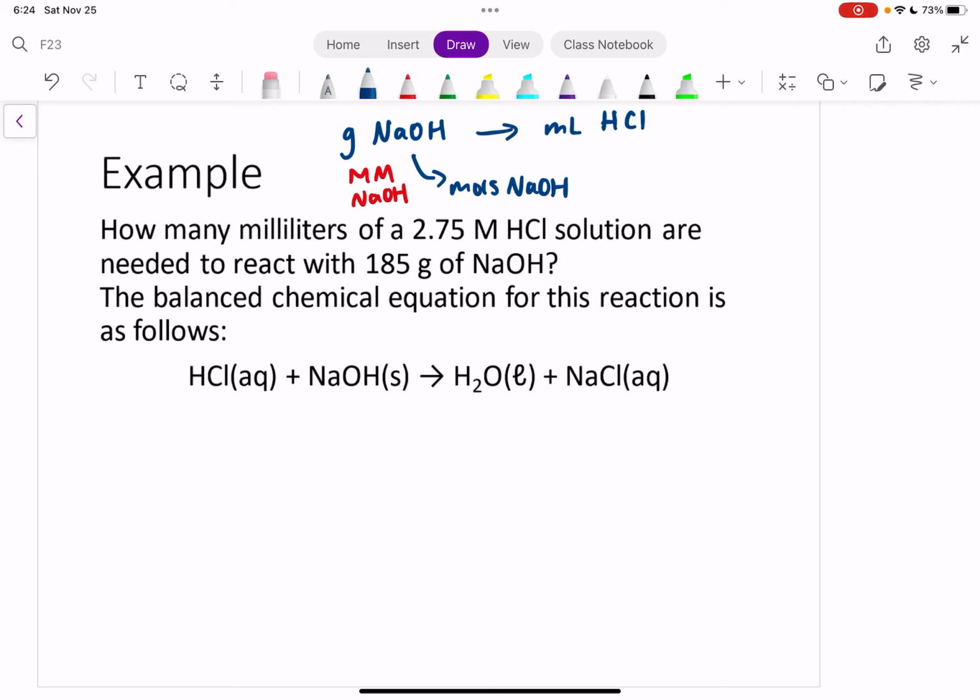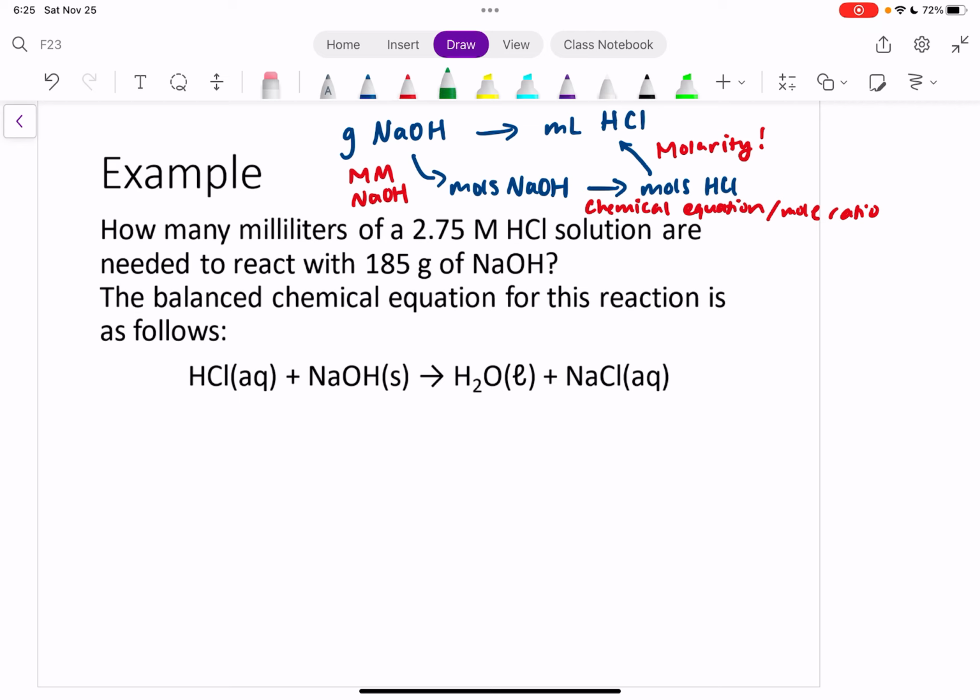We also know how to get from moles of NaOH to moles of HCl using our chemical equation or mole ratio. And now we've just learned how to get from moles to milliliters or liters, a unit of volume, using what? Yeah, molarity, because that equals moles per liter, right? Okay, so I know this is a lot.